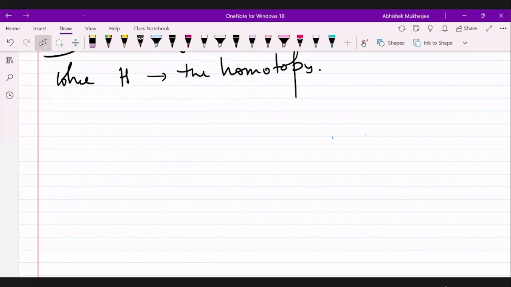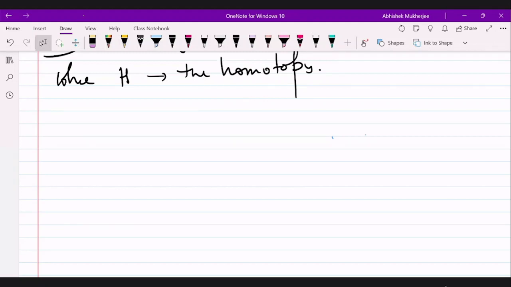Now, as we have already witnessed some examples of closed paths, we are closely looking at those paths which are deforming to a point. So that means, a path is a continuous map.